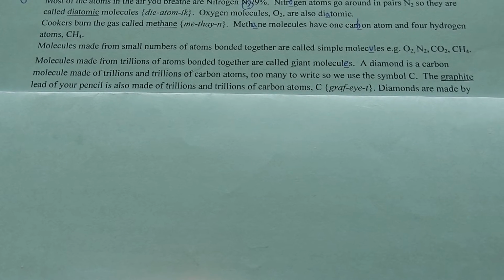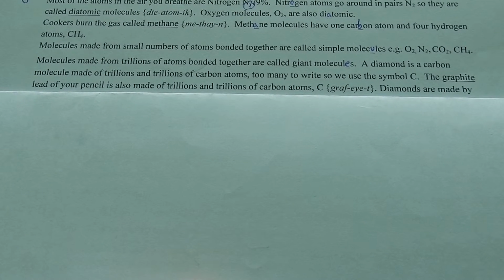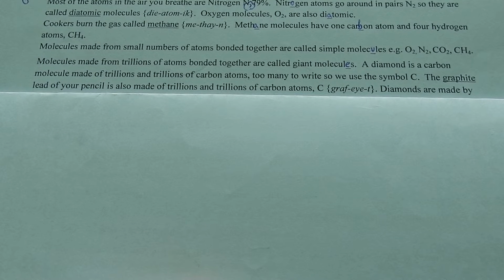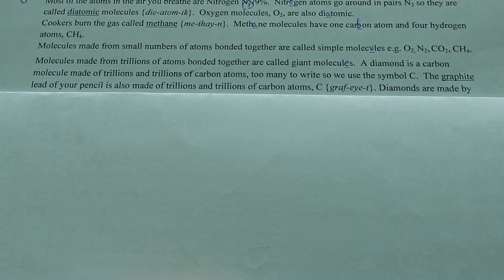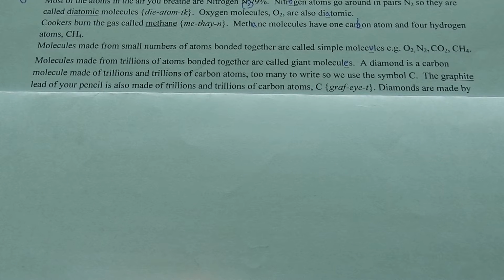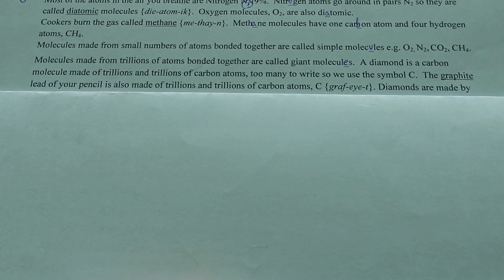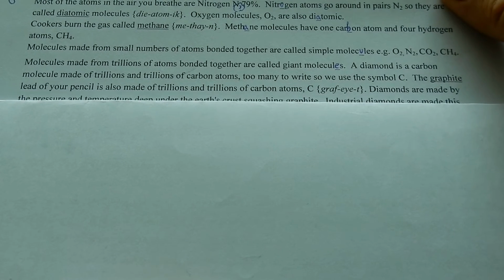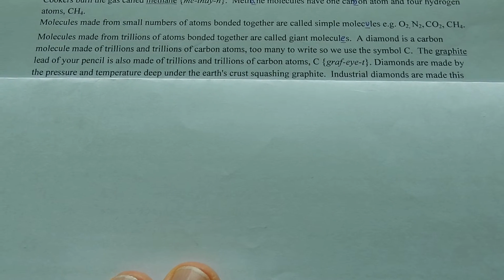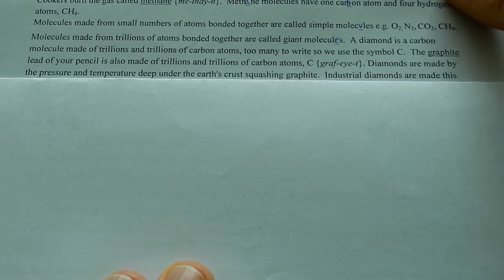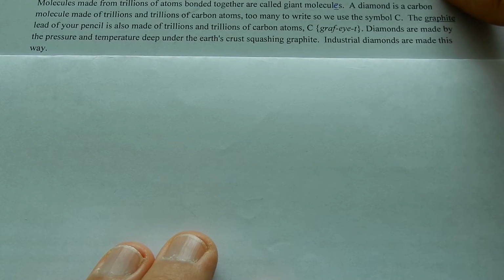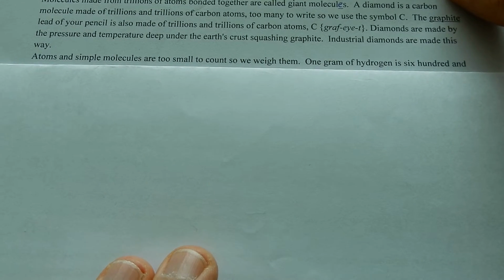Yes, if you have enough pressure and enough temperature, you can turn the graphite in your pencil into diamonds. And that's how the small diamonds in diamond cutting tools are made. Diamonds are made by the pressure and temperature deep under the Earth's crust, squashing graphite. Industrial diamonds are made this way.